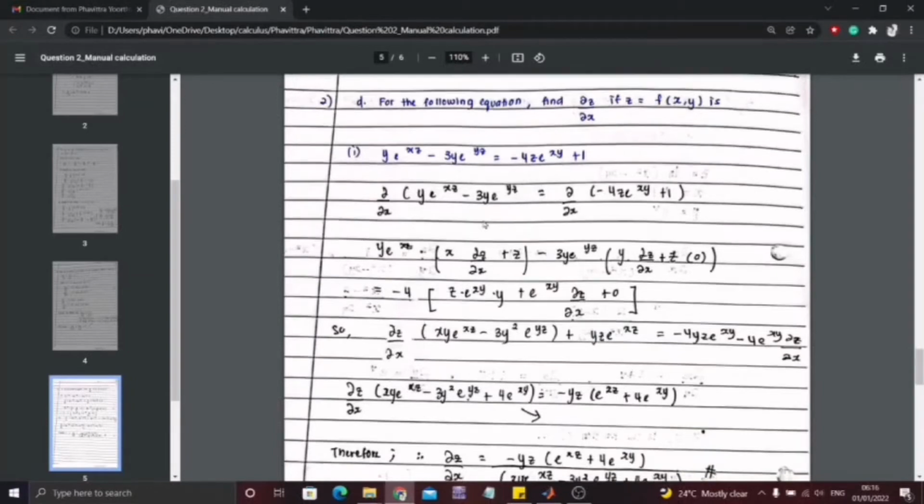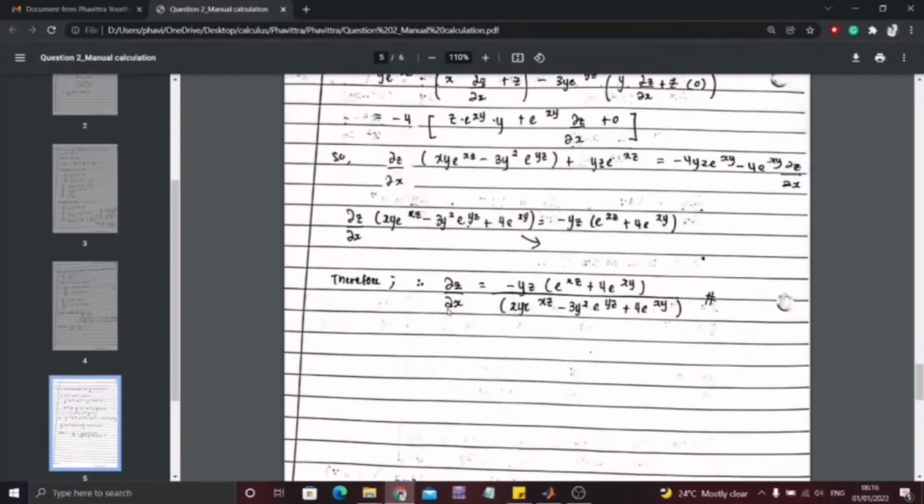By doing the manual calculation, the final answer for dz over dx equals negative yz bracket exponent xz plus 4 exponent xy over bracket xy exponent xz minus 3y square exponent yz plus 4 exponent xy.